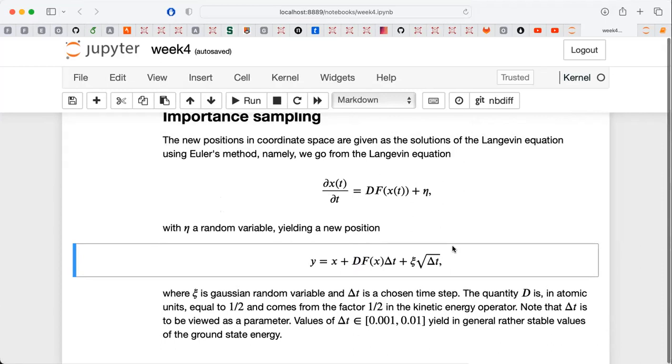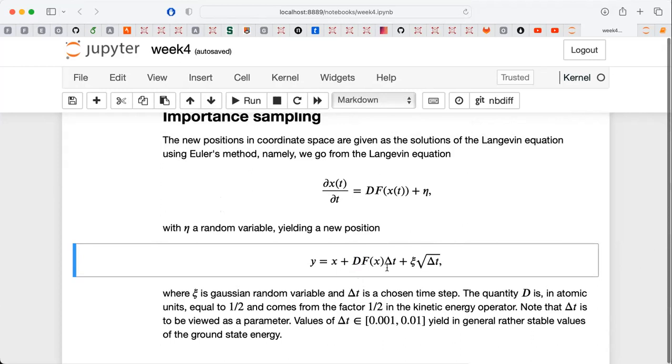What we wanted to do now is look at the technical aspects. In quantum mechanics, this quantity D is equal to 1/2 times h bar squared divided by the mass, and we put h bar equal to 1 and the mass equal to 1.